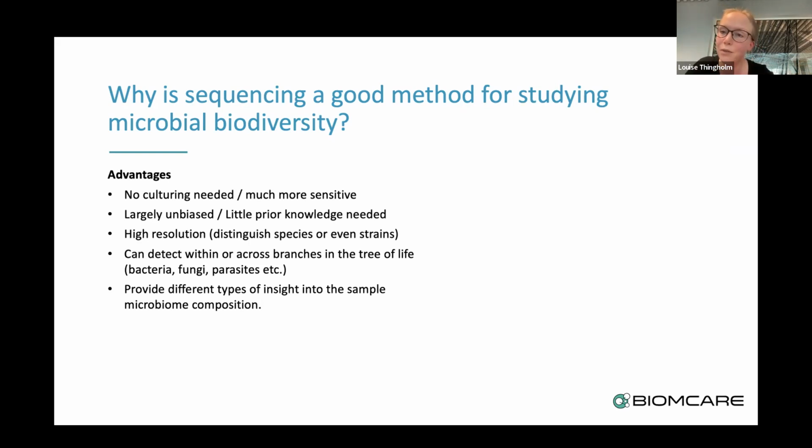And it has a high resolution, so we often can go down to species level, and even to strain in some circumstances. So you can distinguish between microbes in ways you often cannot with other methods. That can be very important if you look at the pathogenic aspects of microbes, that you can actually distinguish with this high resolution.